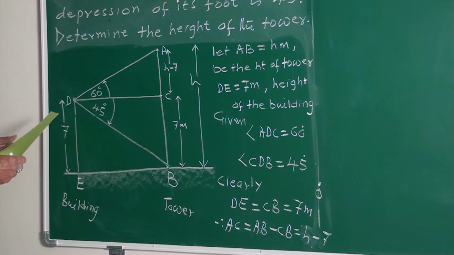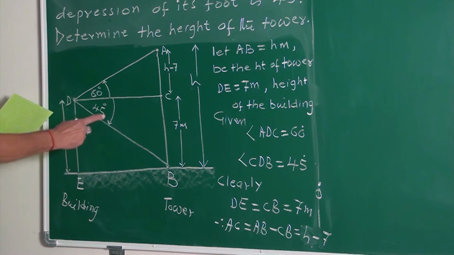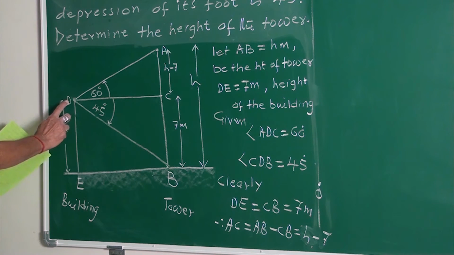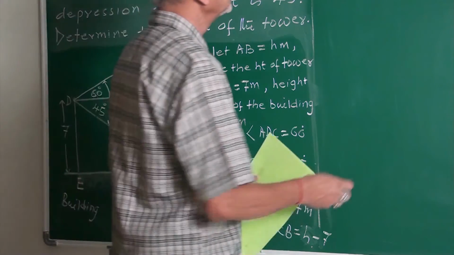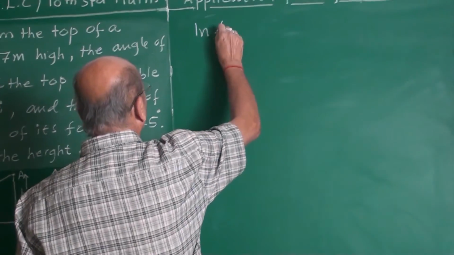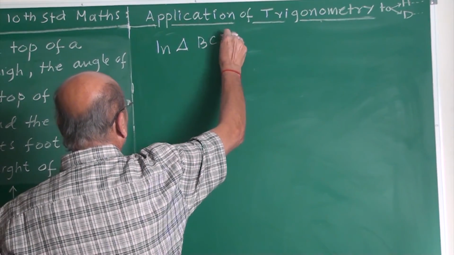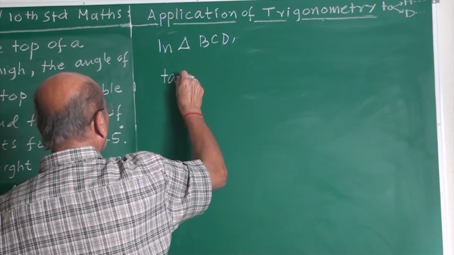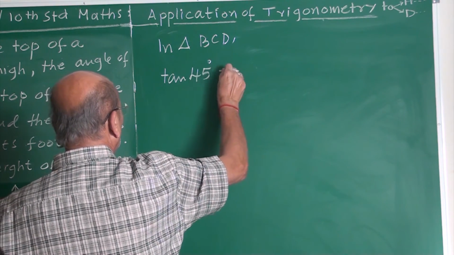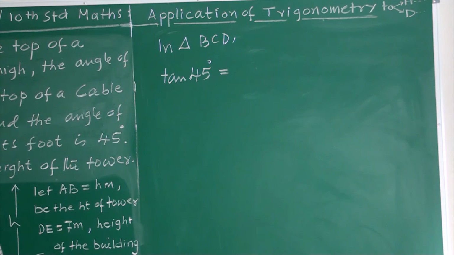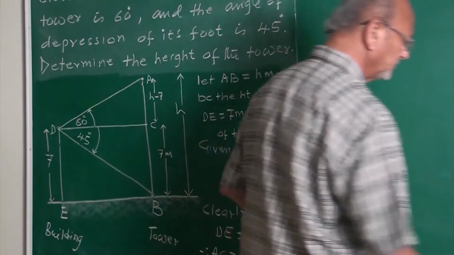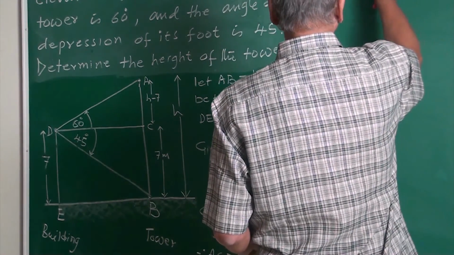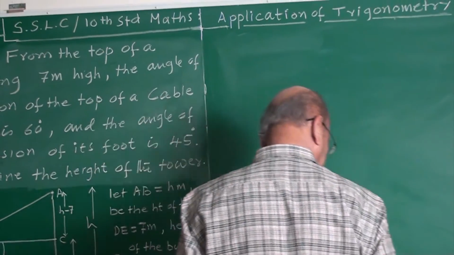Take one by one. First, tan 45 from triangle BCD. One more fact you must write.